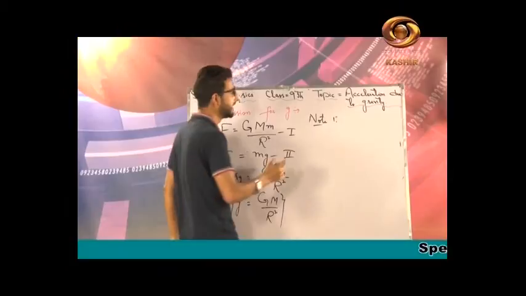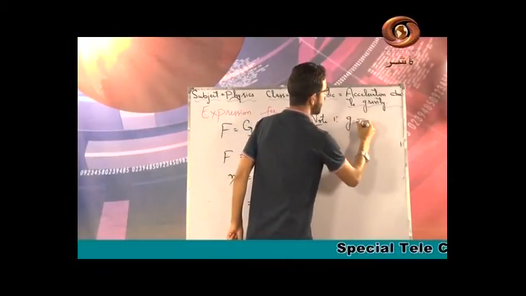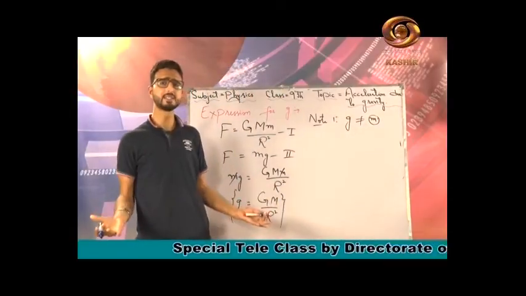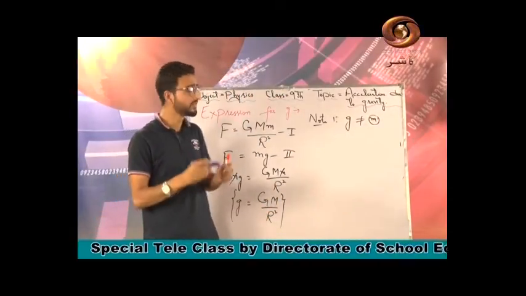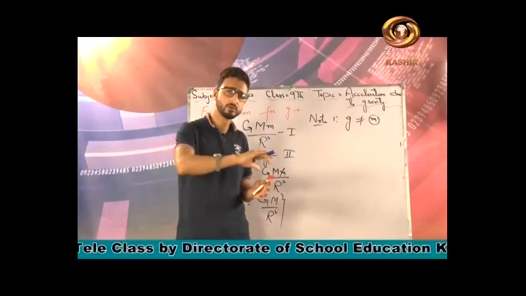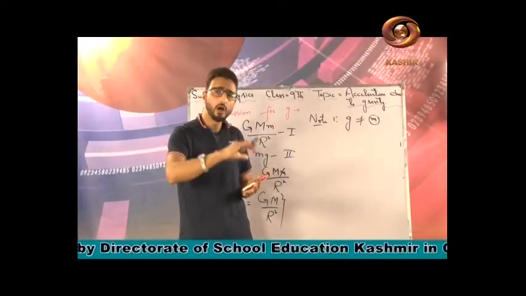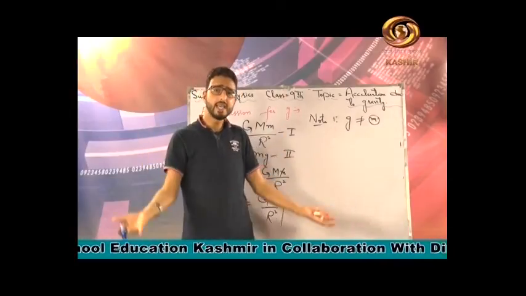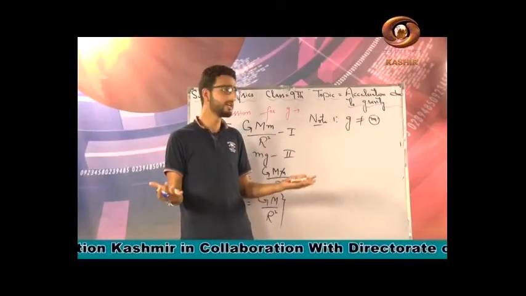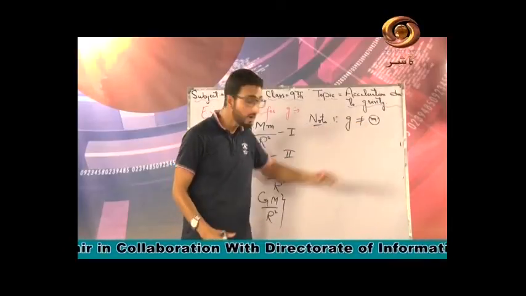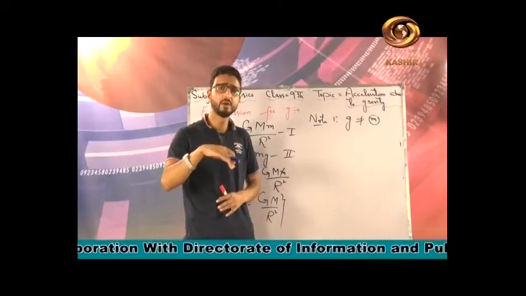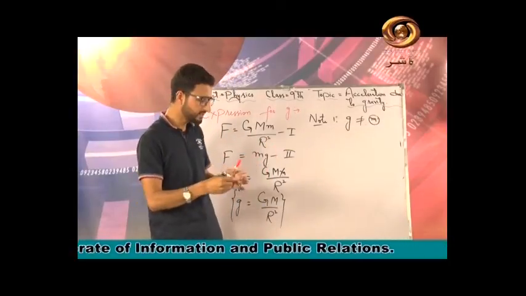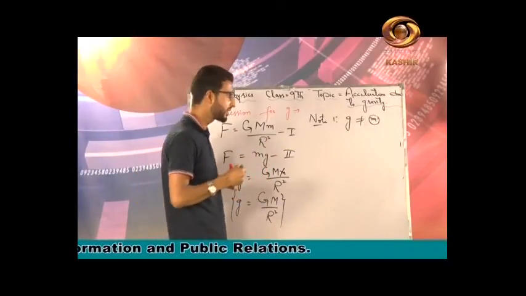So I can say ये जो small g है, it does not depend upon the mass of the body itself. What does this mean? All bodies, whether small or big, hollow or solid, will fall at the same rate, they will have the same acceleration due to gravity, because small g does not depend upon the mass of the body itself, right?